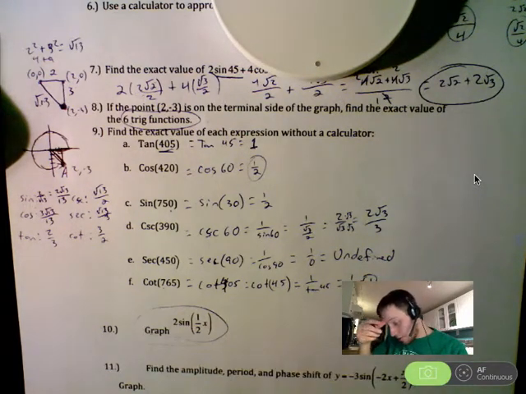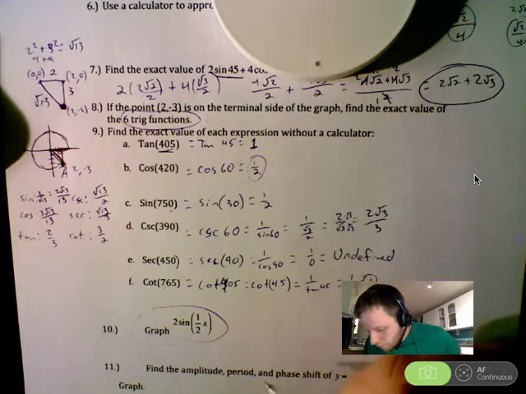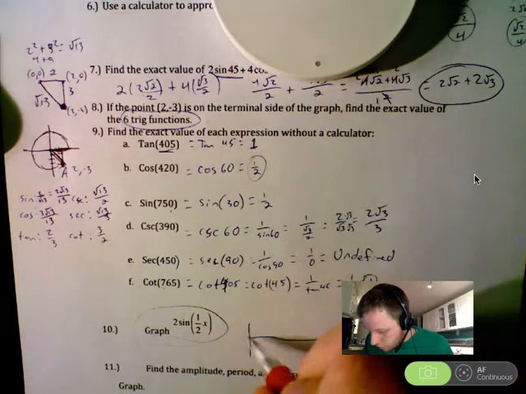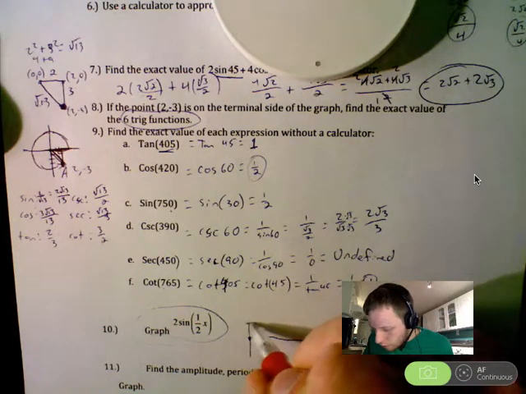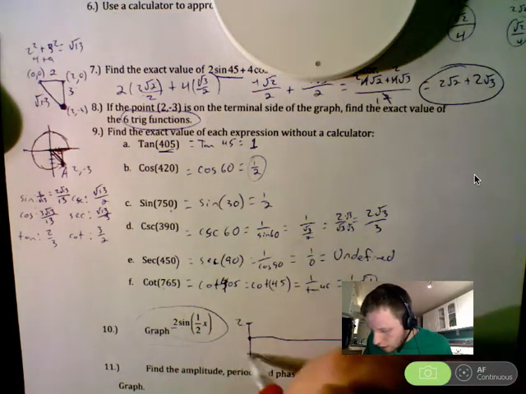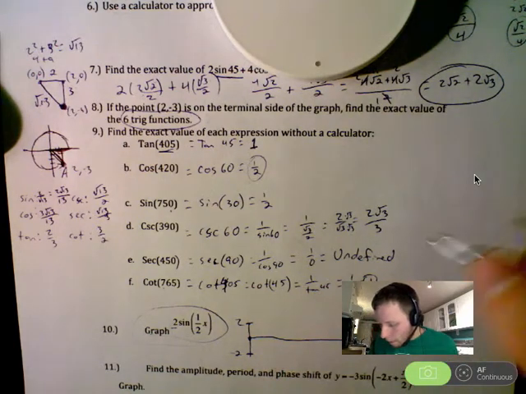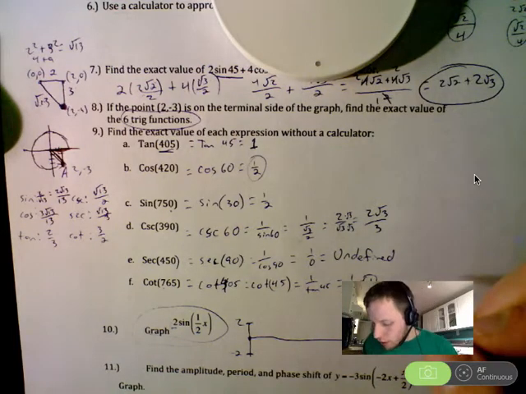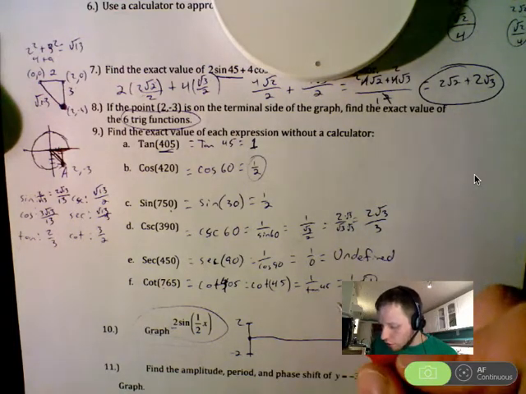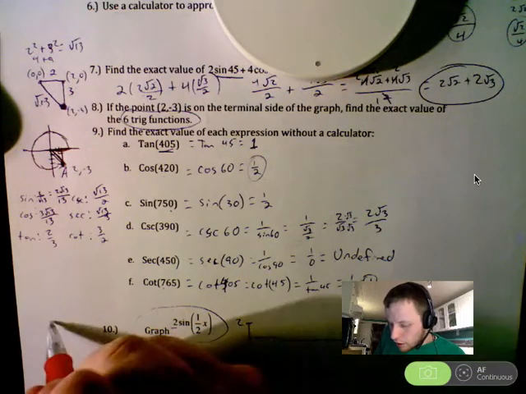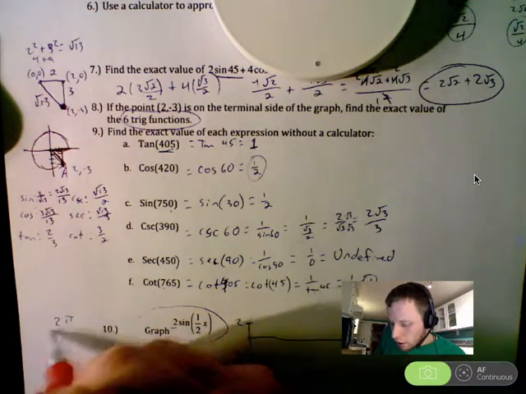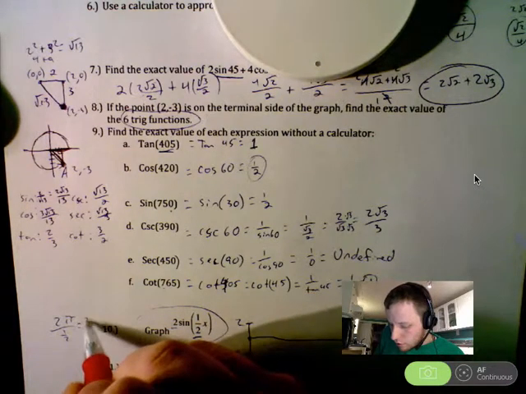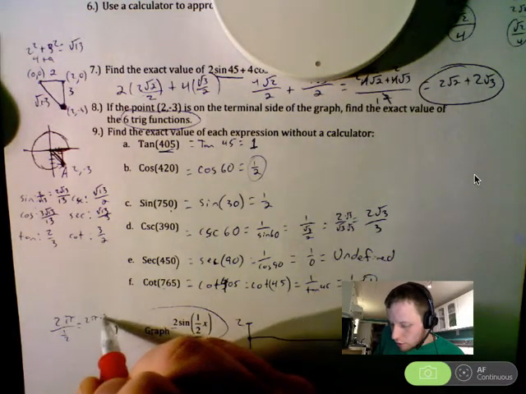Okay, now we need to graph this guy right here. Once again, here's our graph. We want to figure out our amplitude, so 2 and negative 2. Now we are looking for our period, which is 2 pi over a half, which is the same as 2 pi times 2.